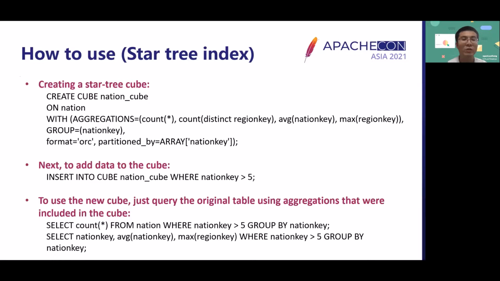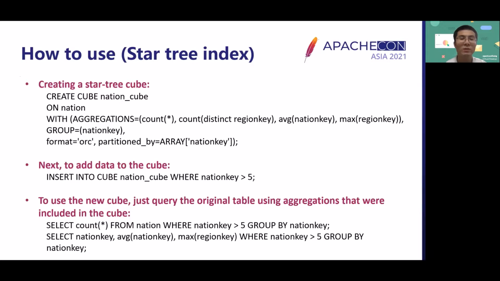For example, we have created the count star star tree index using the table nation with the column nation key greater than 5. If the user sends a query that is select count star from nation where nation key is greater than 5, grouped by nation key, the original table will be replaced by the star tree index.